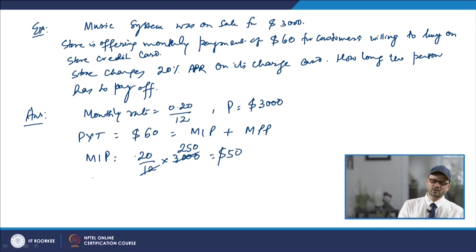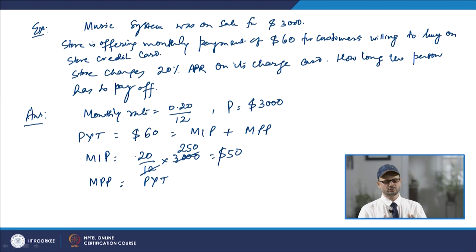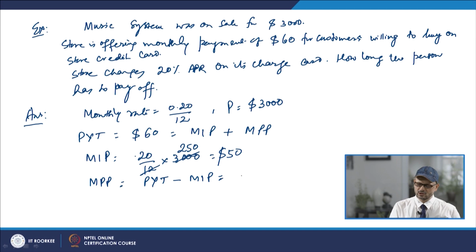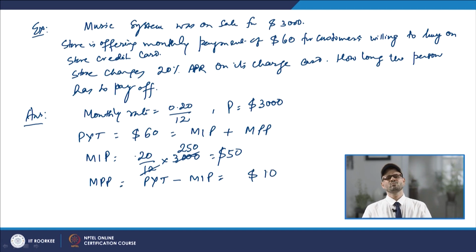It means the monthly principal portion is the monthly installment you are paying minus the interest portion. So that is $10. It means every month you are only deducting $10 from the principal amount, which is 3000.